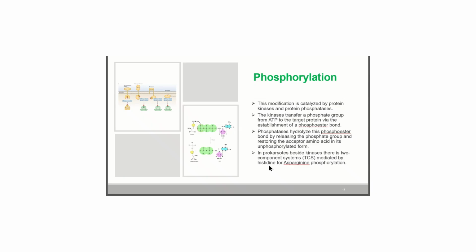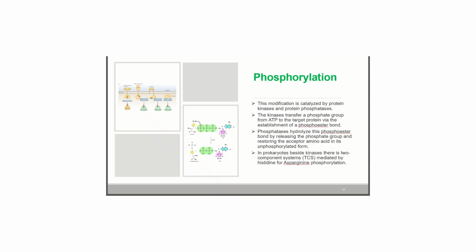This is one of the mechanisms that takes place in prokaryotes. So the histidine is an intermediate in the phosphorylation process of asparagine. Asparagine is, of course, one of the amino acid sites that is phosphorylated.